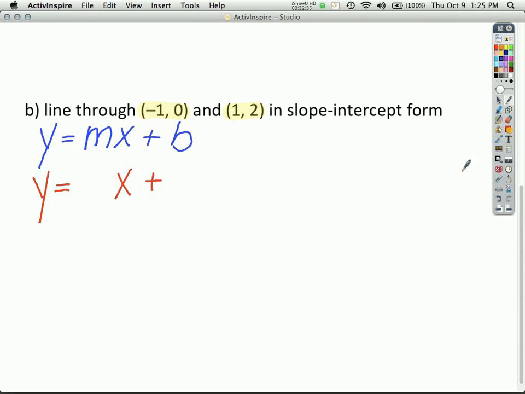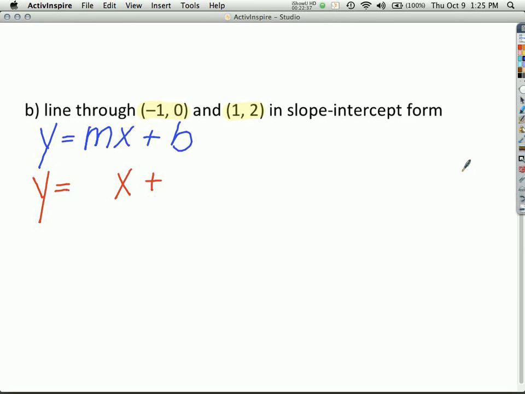We don't have either of them. So we have to figure out how to get the slope and the y-intercept just from this information. Anyone recall how we do that? Nathaniel? Okay, so we use the slope formula, beautifully said, with the 2 points.